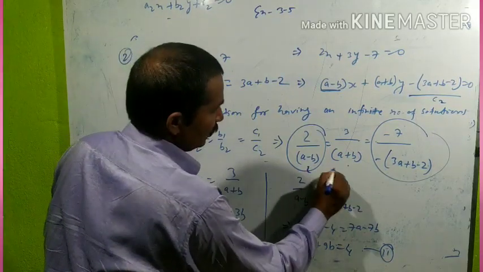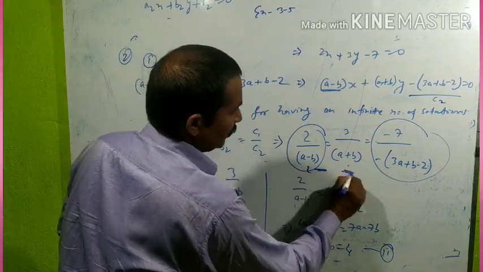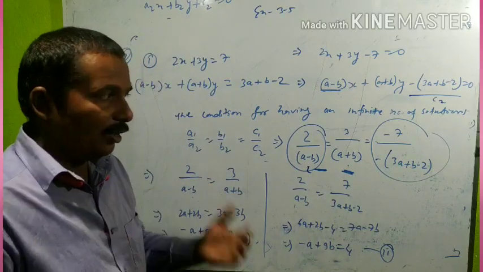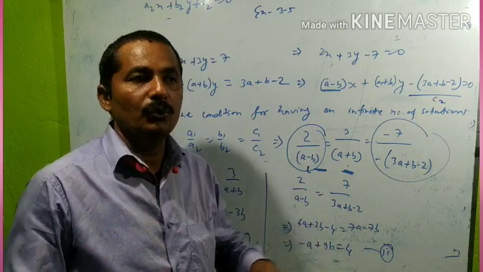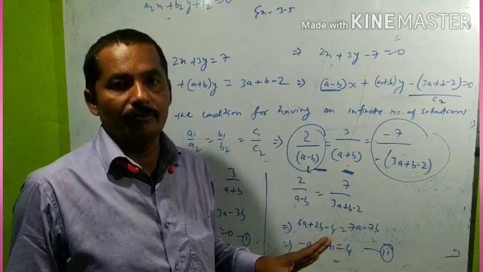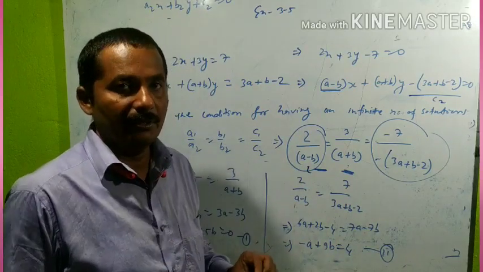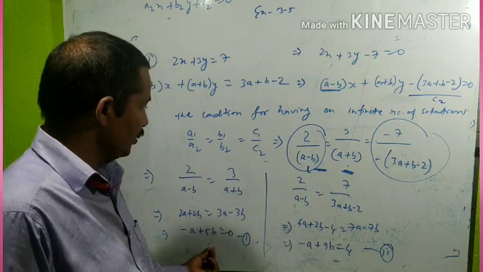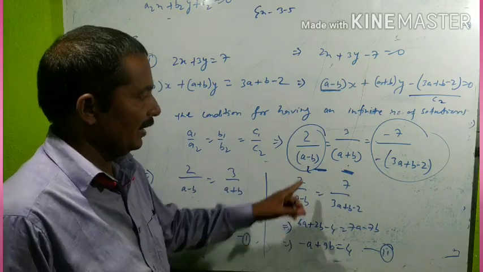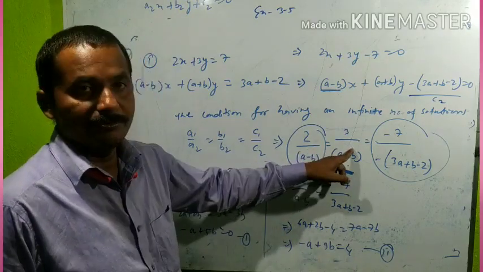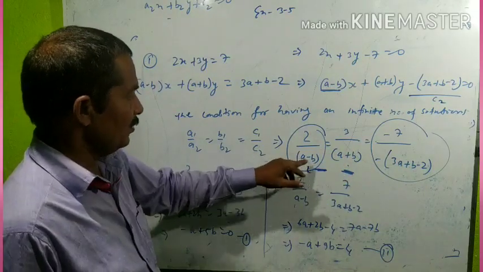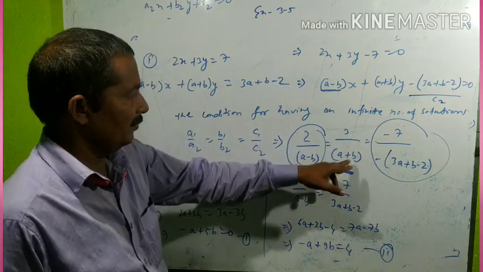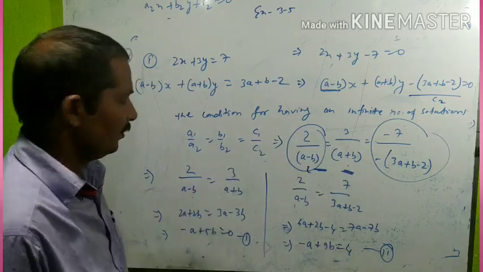Any two out of these three you can equalize to form an equation. So for this equation, I have equalized this one and this one. I have written here 2 by a minus b is equal to 3 by a plus b.